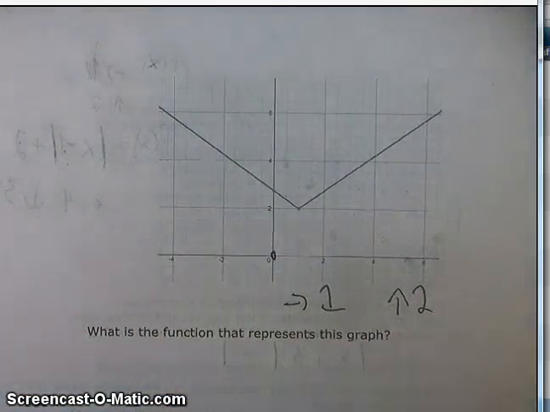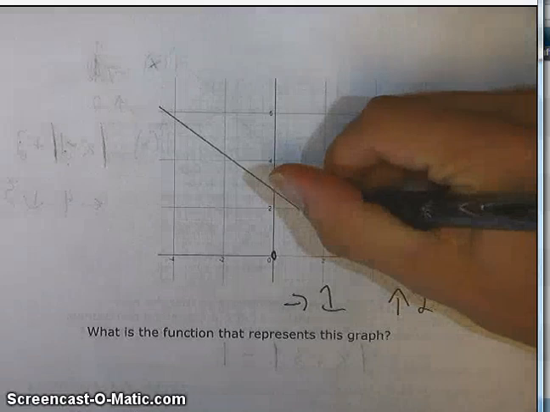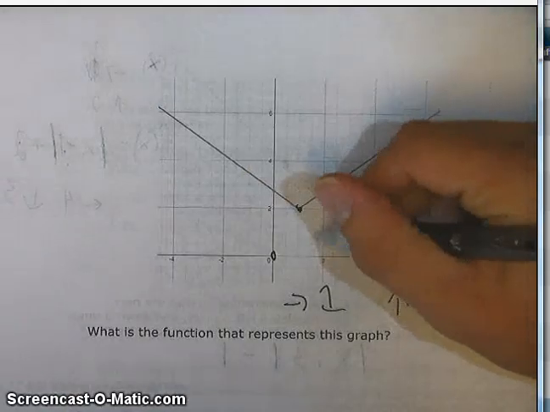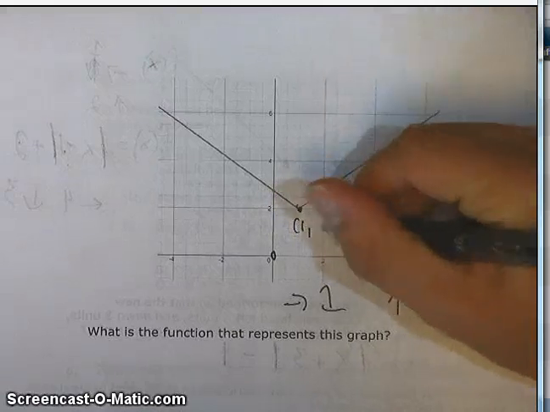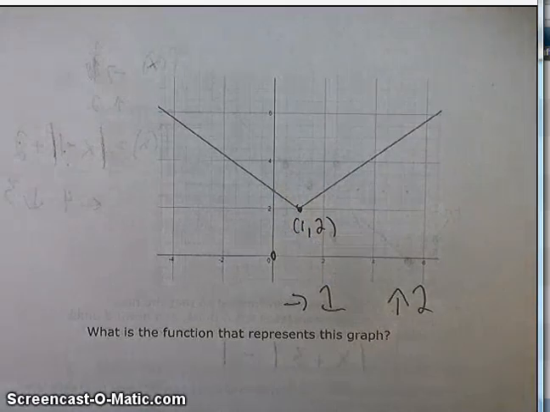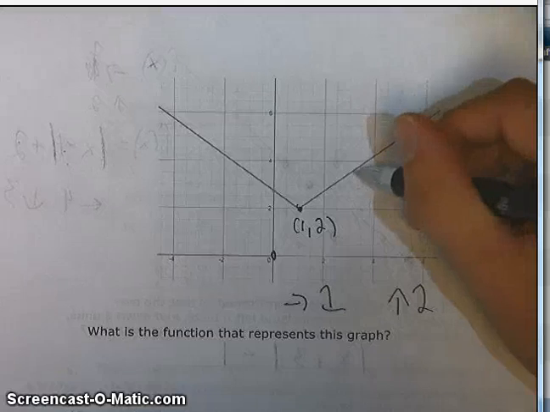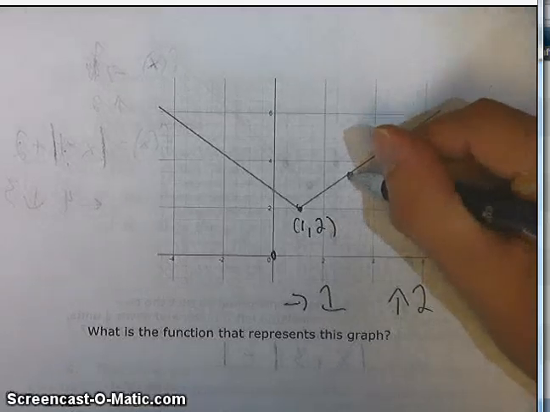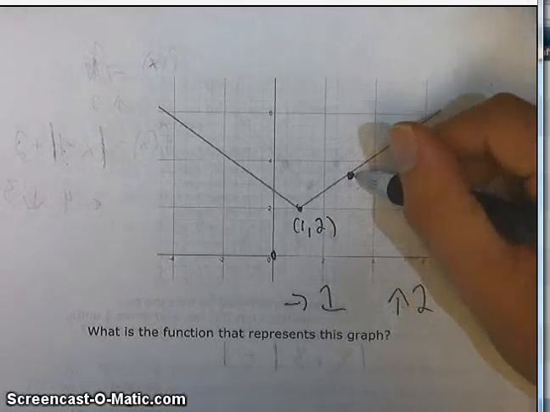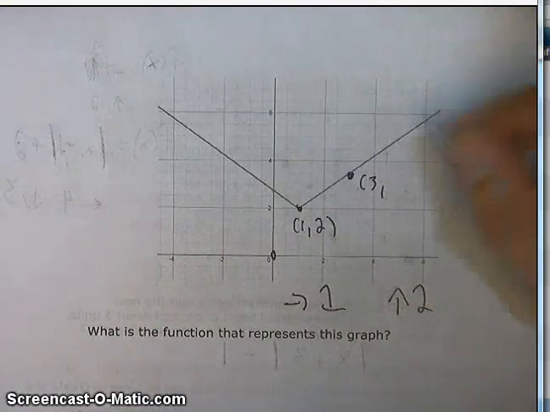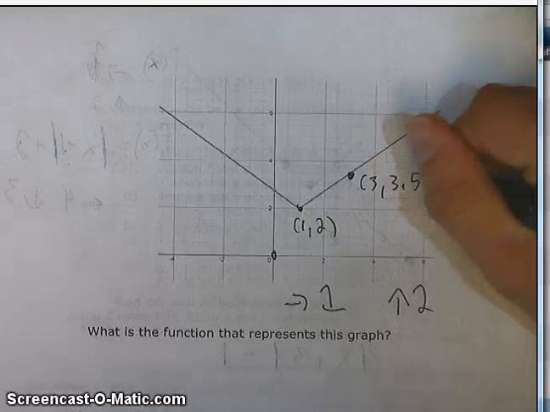But we need to figure out the slope of this thing. It looks like right here, that point is at (1, 2). And then another point, it's not really clear if there's another good point somewhere. Maybe right there. That appears to be 3, and let's call that 3.5.